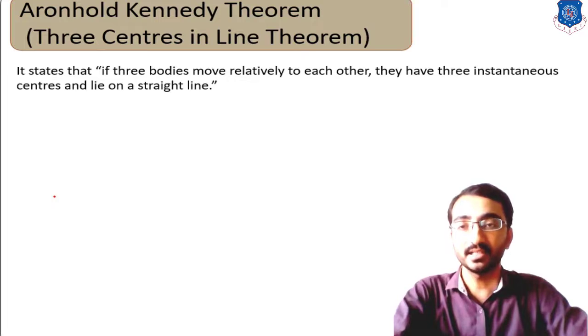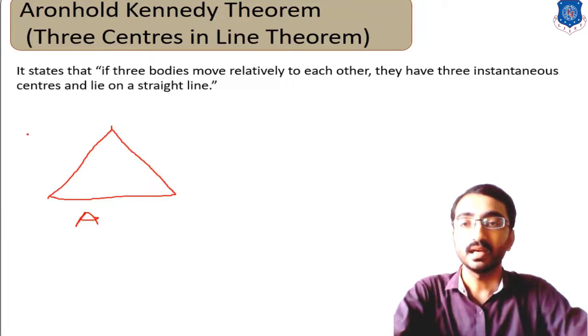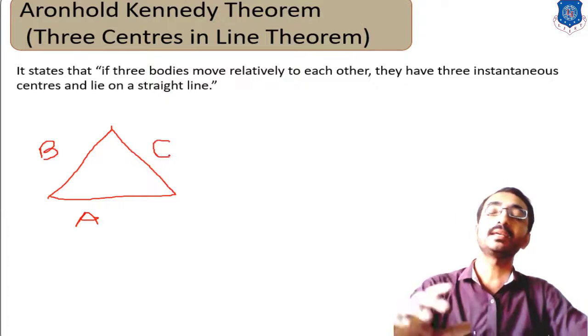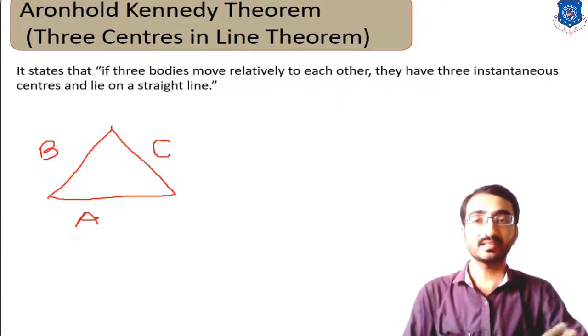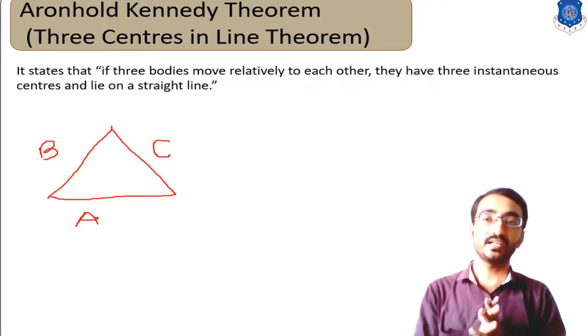Let's consider three bodies, that is link A, link B and link C. Let's consider that these three links have relative motion with respect to each other. In that case, how many instantaneous centers will there be?